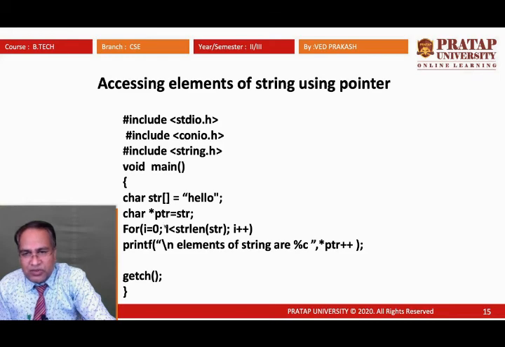It means this pointer ptr will point to our string str. And what is str? Str is the variable of char, or in other words the name of the character array. Basically the name of the character array always denotes the starting address of a string. So this str also denotes the address of the first element in the string.